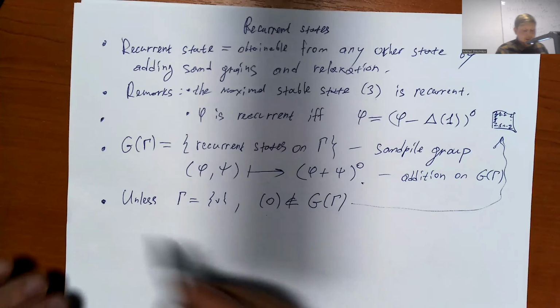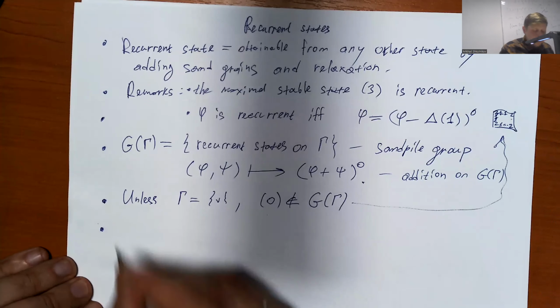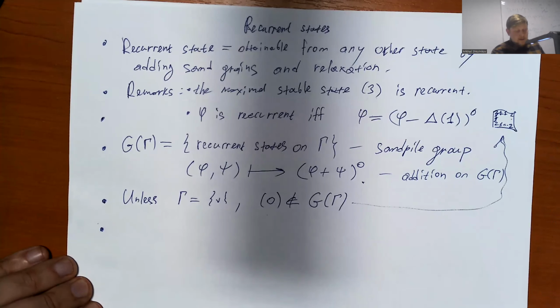So there is some other thing serving as the identity element. And those beautiful pictures, remember, with the square and some kind of fractals, this was exactly the identity element on the square.